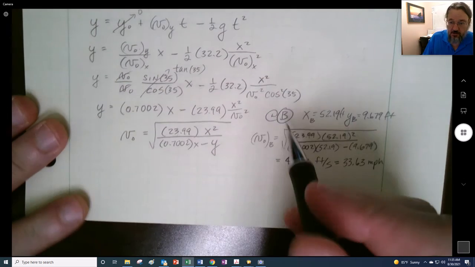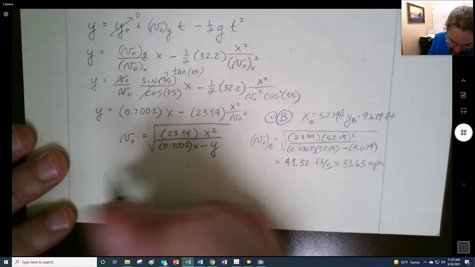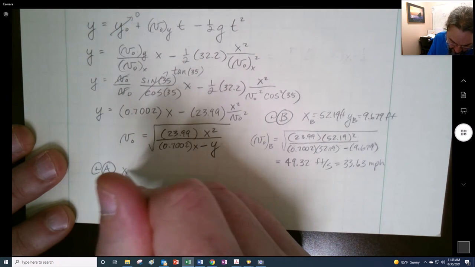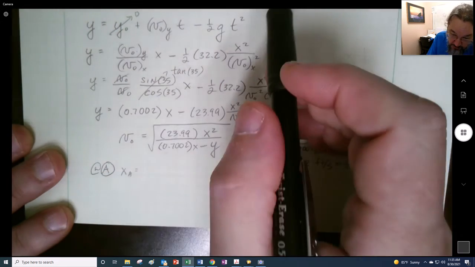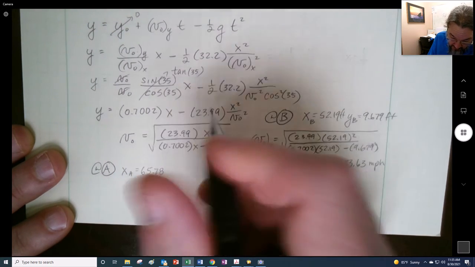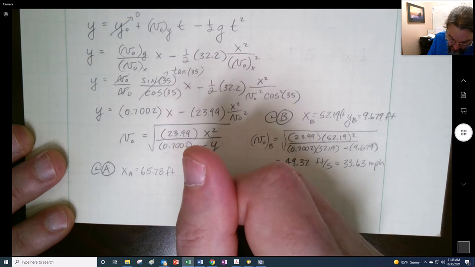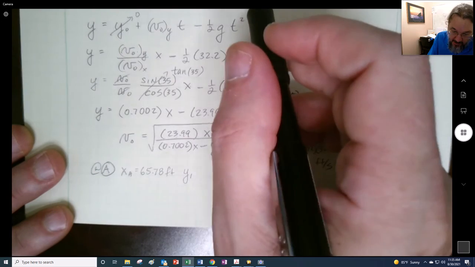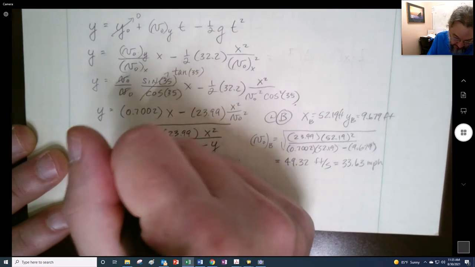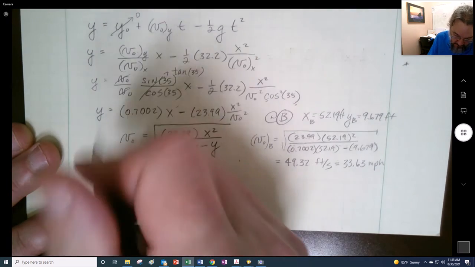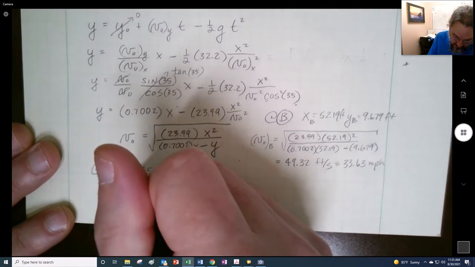And then put it in the other one. I didn't arrange this as neatly as I'd like. At C, where xC is equal to 65.78 feet, and y, I said A, I didn't mean A, I meant C. C, that's the point we're trying to go to.